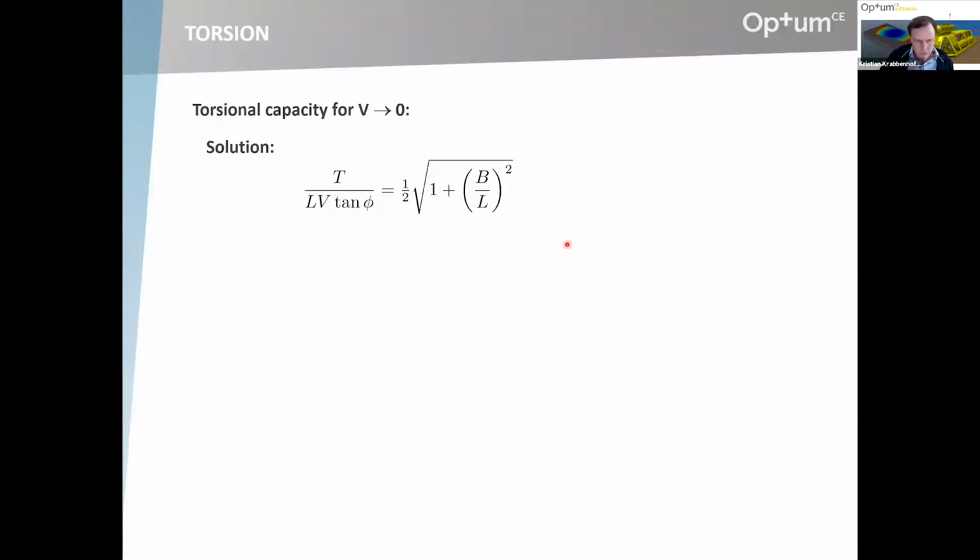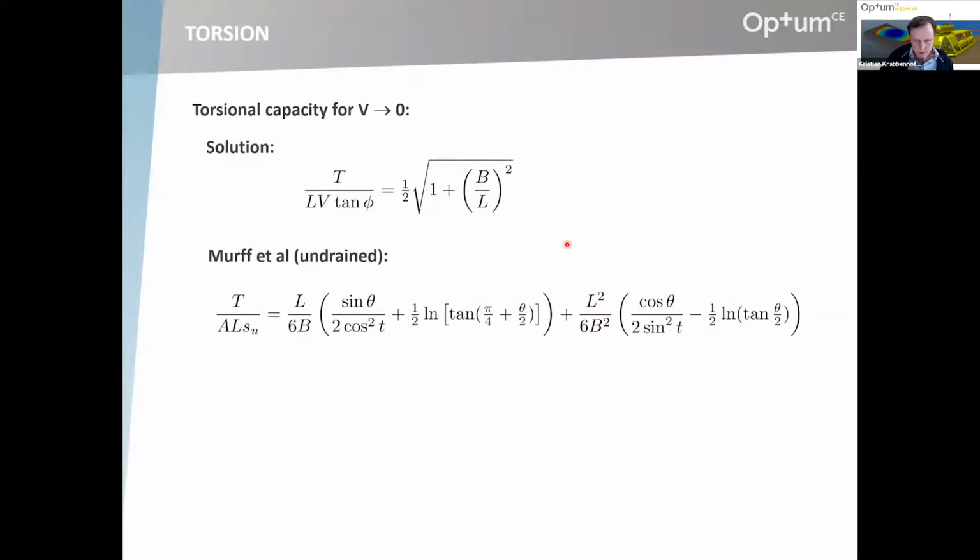The factor of 2 comes from a comparison to the undrained solution, which is this solution here. So in the undrained case, you have the normalized torsional capacity given by this expression here. It's a lot more complex than the drained, but this is how it is.